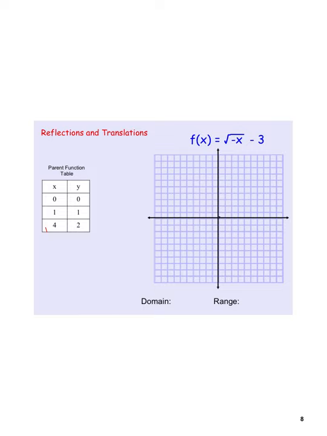The original here was 0, 0, 1, 1, 4, 2, and again 9, 3. So again, there's the original that goes with this table. Now, when we get the new graph in here, again, there's a negative inside. That negative inside means we are going to reflect over the y-axis, a horizontal reflection.